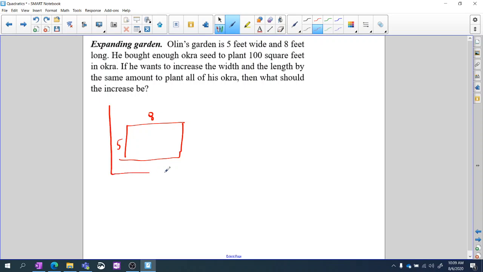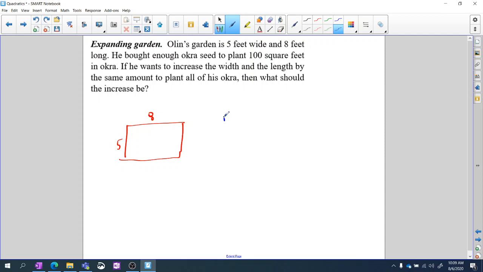I didn't draw a great picture, but he's going to do that by increasing the length and the width by the same amount. Actually, maybe let's try that again. I don't think that's what they mean.